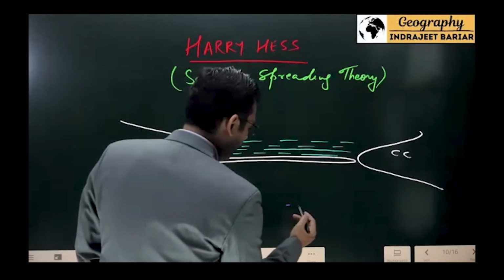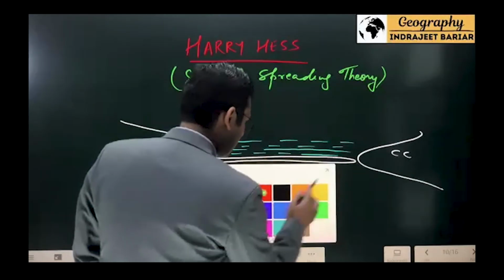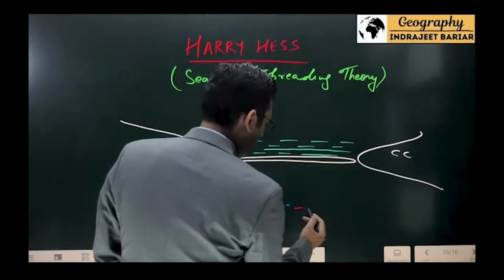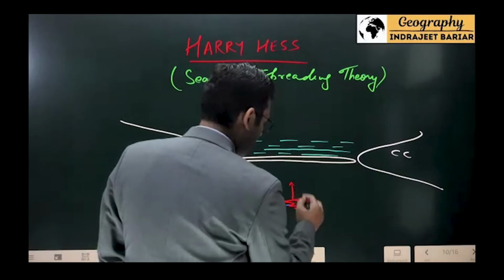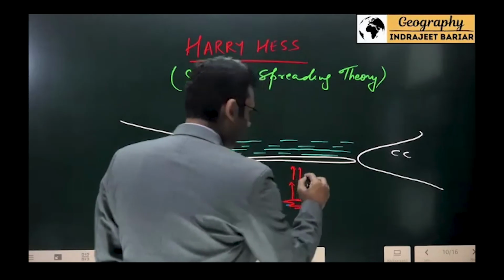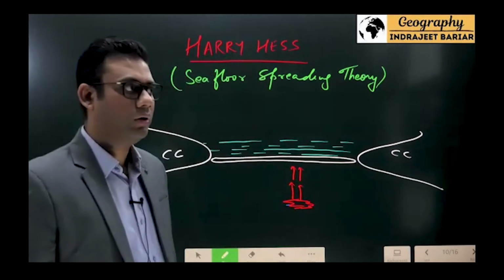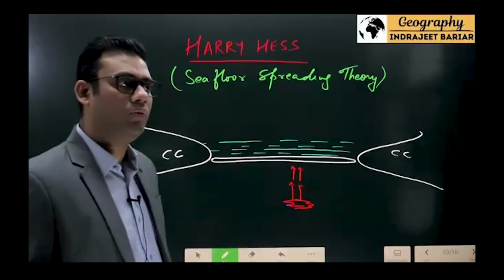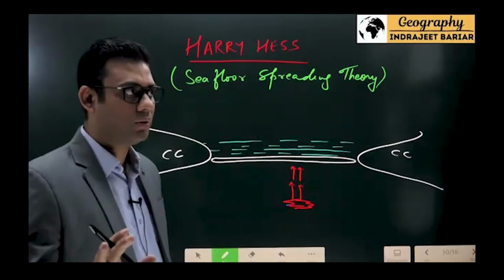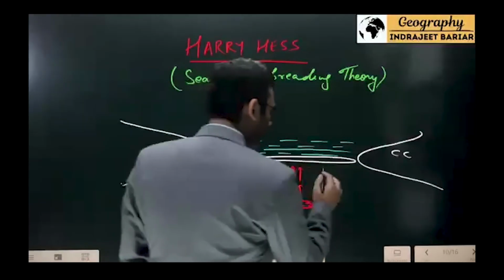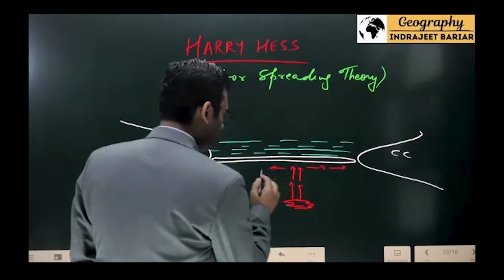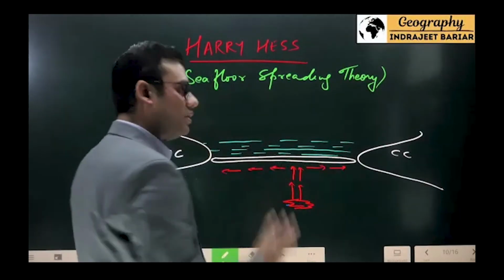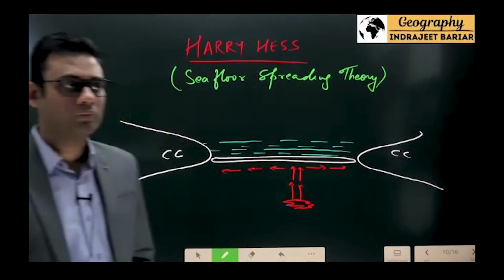So assume there is convection current present over here, where the convection current is rising. It's the same convection current that was proposed by Holmes. And now after this, the material will be moving out. This is precisely the convection current diagram.